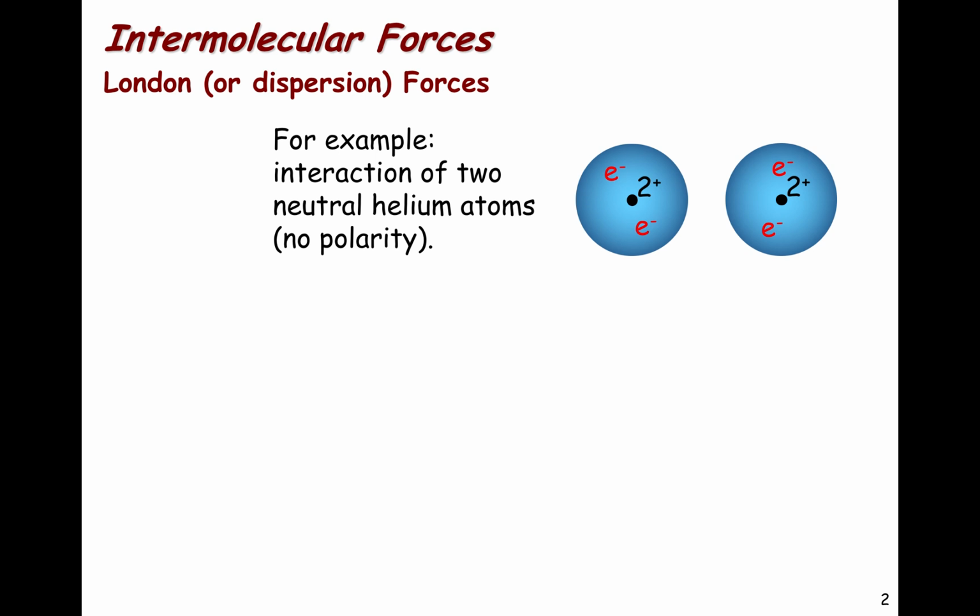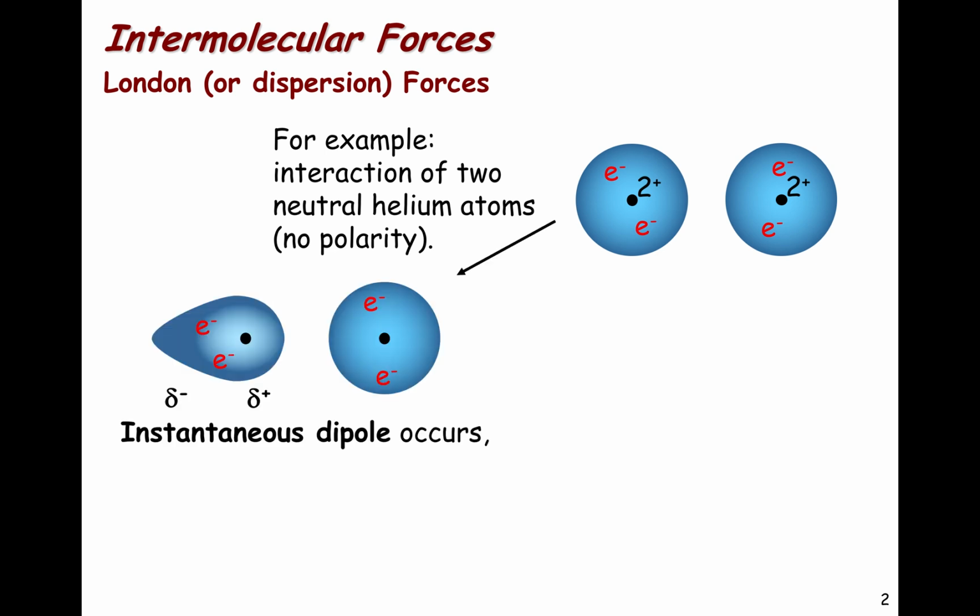This results in the two electrons being on opposite sides of the atom. But if two helium atoms in this situation come close to one another, they do not really have any way of balancing out any kind of charge, and there would be no net attractive force between the two helium atoms.